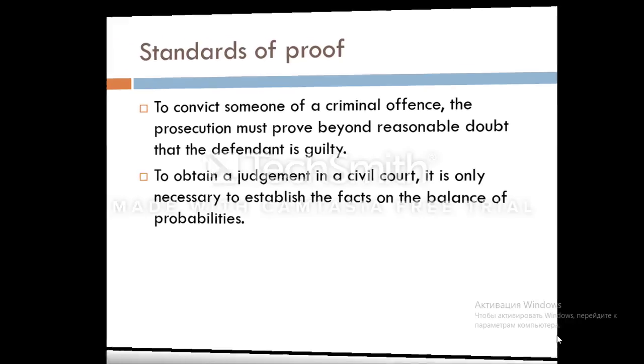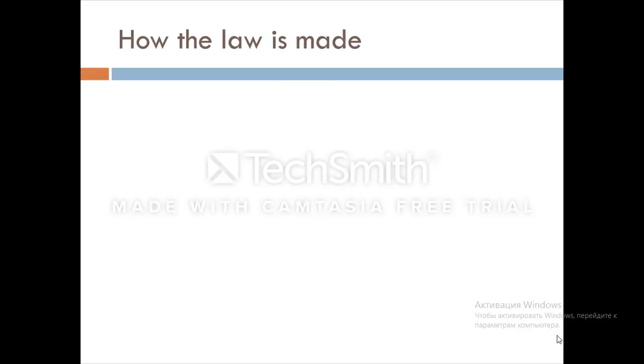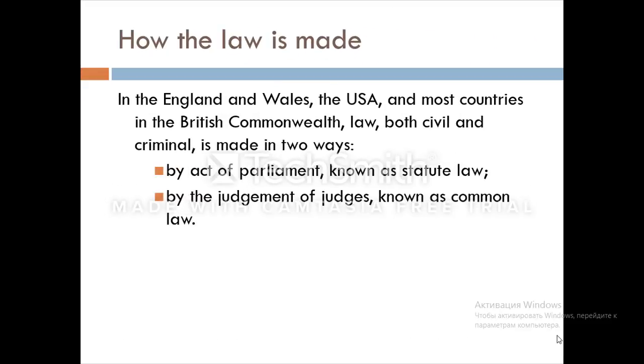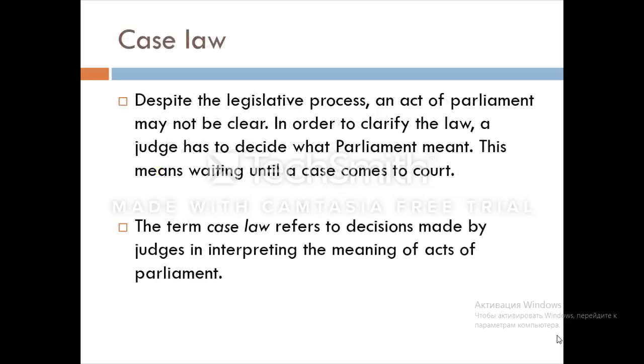In England and Wales, the USA, and most countries in the British Commonwealth, law, both civil and criminal, is made in two ways: by Act of Parliament, known as statute law, or by the judgment of judges, known as common law. Despite the legislative process, an Act of Parliament may not be clear.